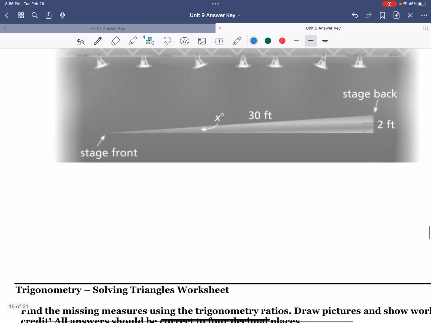Okay, so I need to do opposite, here's my 90-degree angle, over hypotenuse, which is going to be sine again. So I'm going to fix this and say sine of x is going to equal opposite, which is 2, over 30.